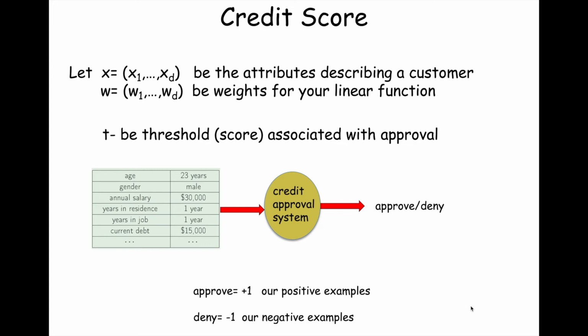If your weighted sum is less than that threshold, then you're considered a denial. You're a bad credit risk. And so everything that's an approve, we're going to call +1. Everything that's a denial, we're going to call -1, right?